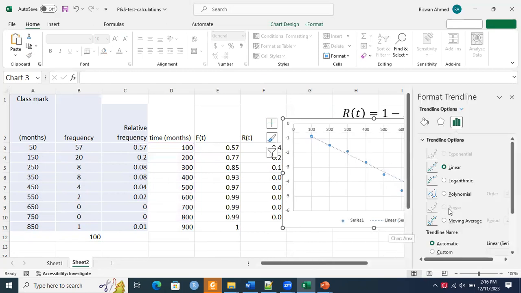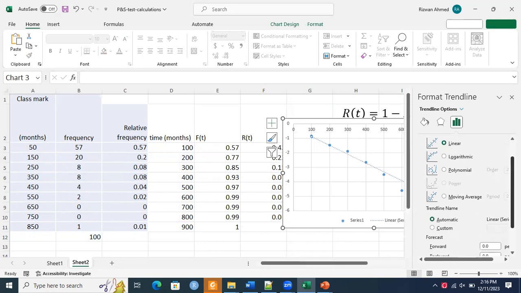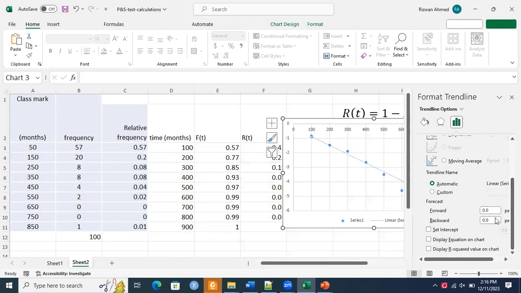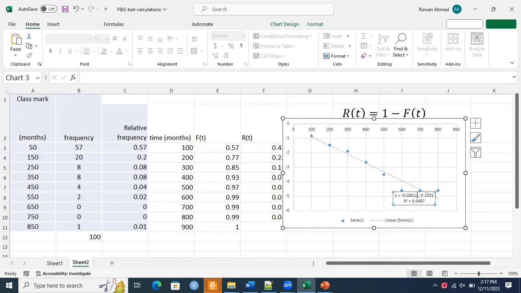A trend line of type linear, y equals mx plus c, and I ask it to write the equation on the chart and also display the r squared value, which is a measure of goodness of fit. If you carry out the regression analysis, we find the slope value, which in our case is the lambda value.